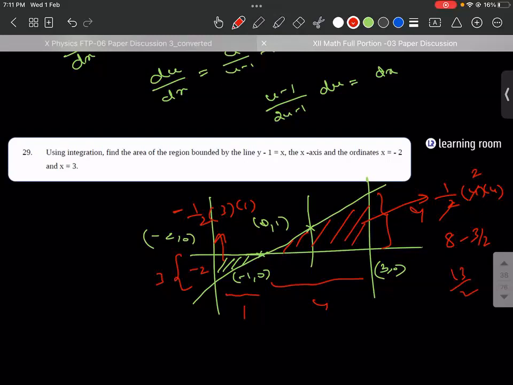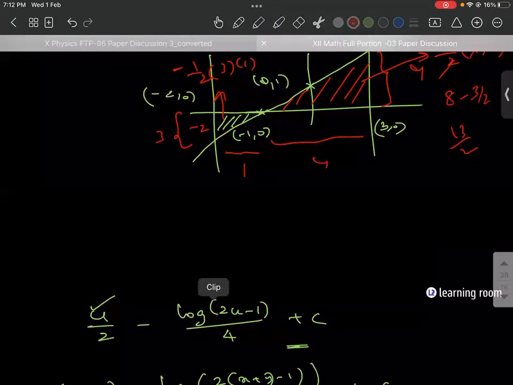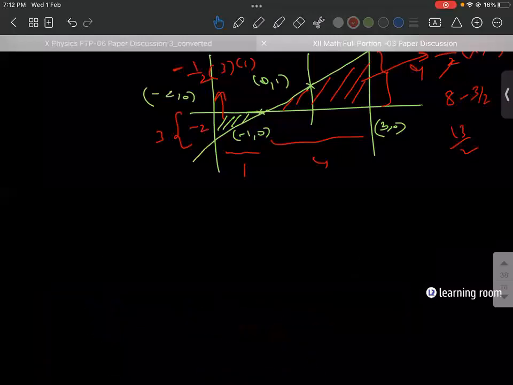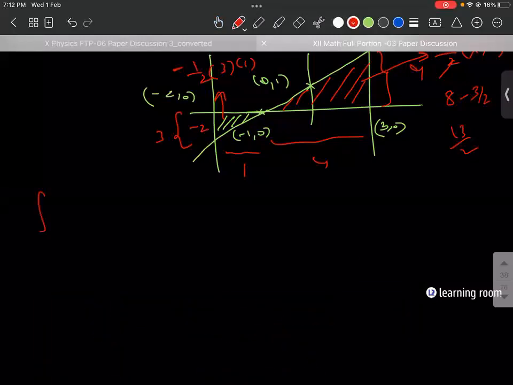Okay. So the same thing we are supposed to get using integration also. Did you understand what I did? Yes, sir. Okay. Now tell me how to use integration. Integral of -2 to 3, right?